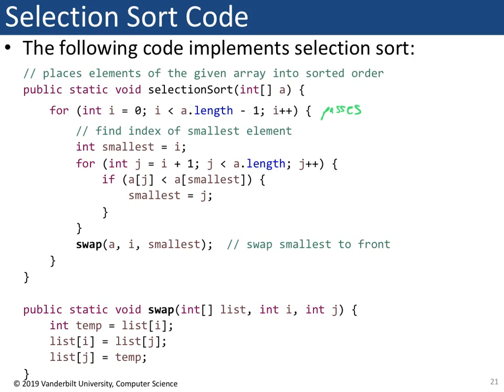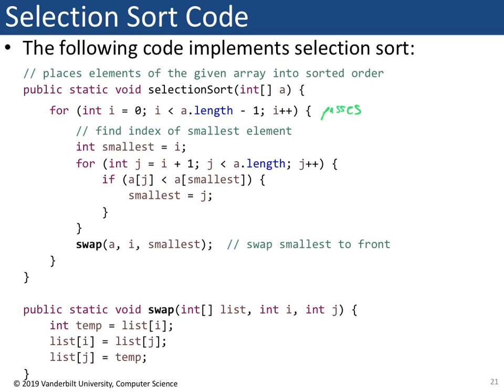For an array with 5 elements, so a length of 5, we need to make 5 minus 1 passes, so 4 passes. So this goes from 0 to length minus 1, not from 0 to length. 0 to length would give us n passes. 0 to length minus 1, while i is less than length minus 1, gives us the number of elements minus 1 passes.